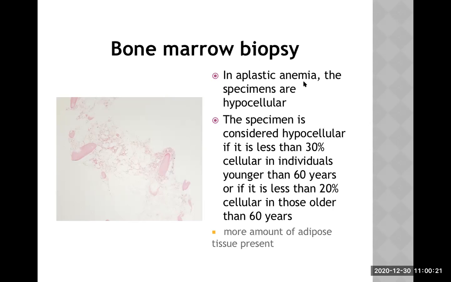So in aplastic anemia, now let's go to the interpretation here. In aplastic anemia, the specimen of the bone marrow is hypocellular. This is a very important point. Not much cells. They are replaced by either fatty tissue or fibrous tissue. The specimen is considered hypocellular if it is less than 30% cellular in individuals younger than 60, or less than 20% cellular in those older than 60.